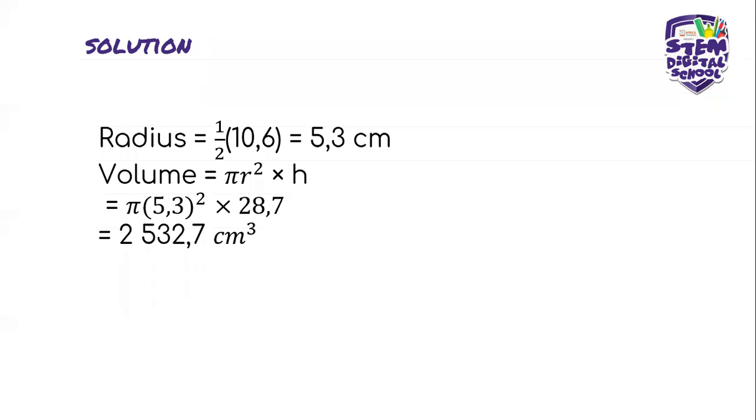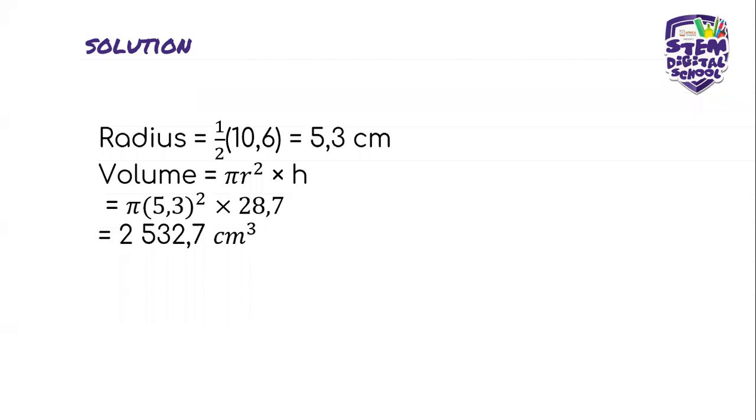And the volume in this case will be pi r squared multiplied by the height. We know that the value of pi is 3,14. Then you square the radius, which is 5,3, and then you multiply this by 28,7.